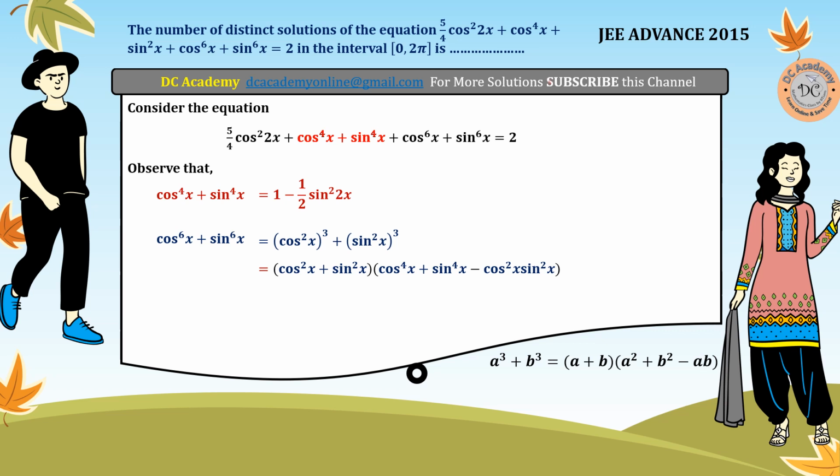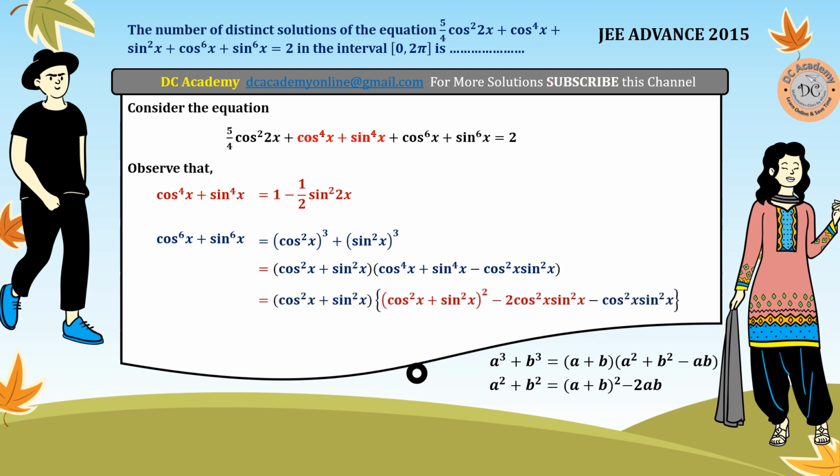Now we can easily simplify this using the other formula: a square plus b square is equal to (a plus b) whole square minus 2ab. Therefore, cos 4x plus sine 4x can be written as (cos square x plus sine square x) whole square minus 2 cos square x sine square x. Using the basic identity that cos square x plus sine square x is equal to 1, the whole expression will be equal to 1 minus 3 sine square x cos square x.